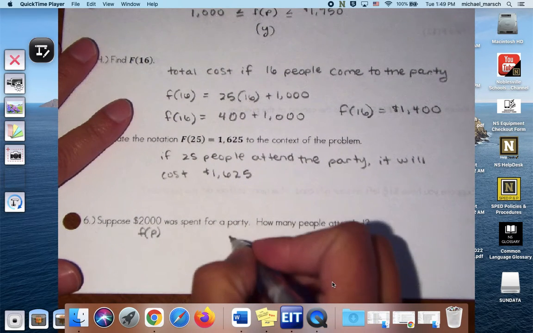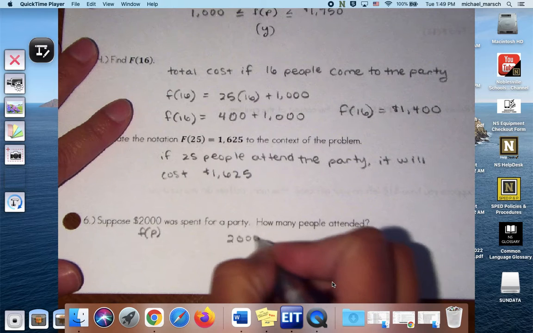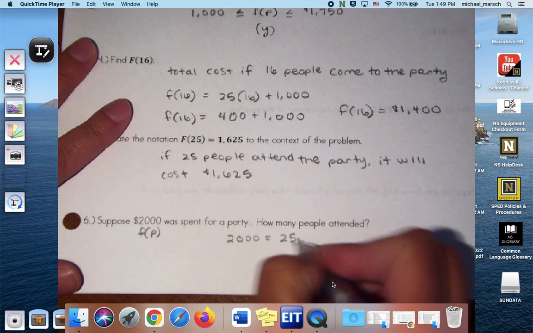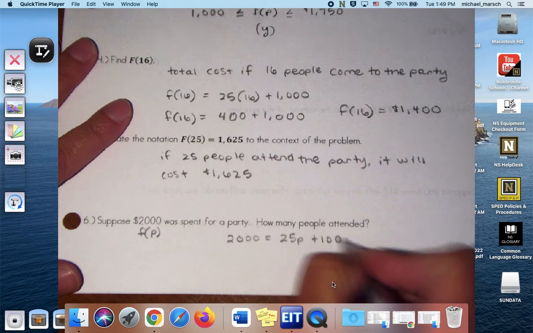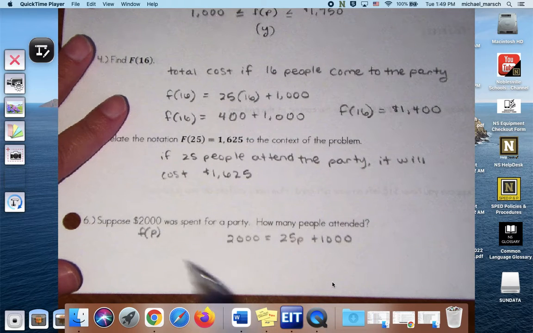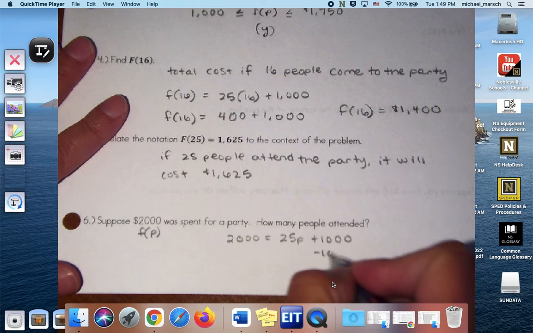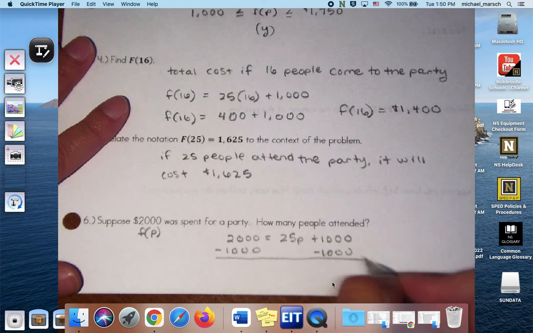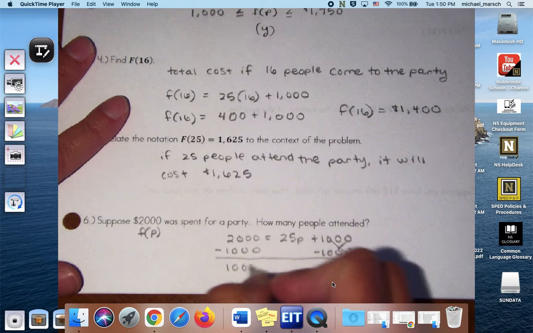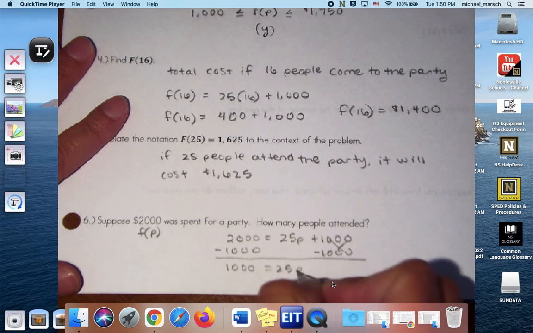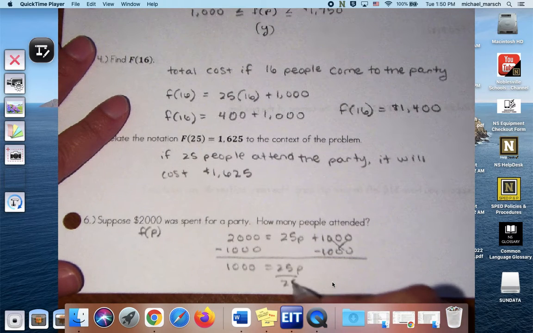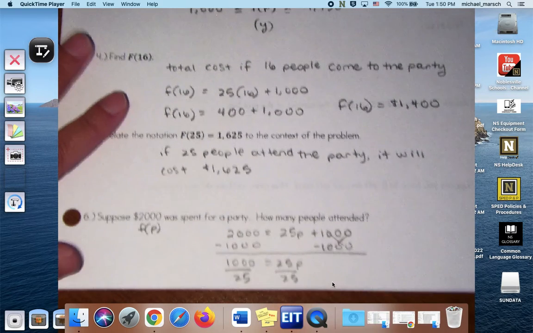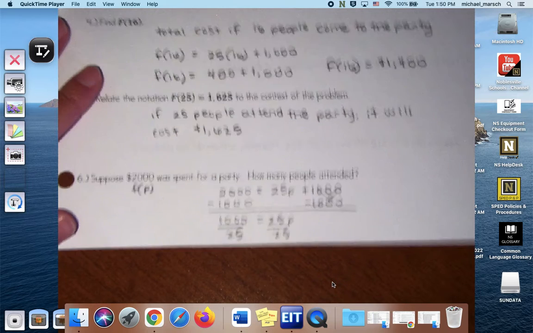So I'm going to put the 2,000 in where that goes. It's going to take the place of where the y value would be because I know the cost, right? So what Eden was saying is that when I solve this, I have to divide 1,000 by 25, and that will tell me how many people came to the party.